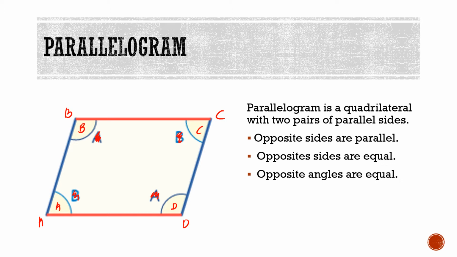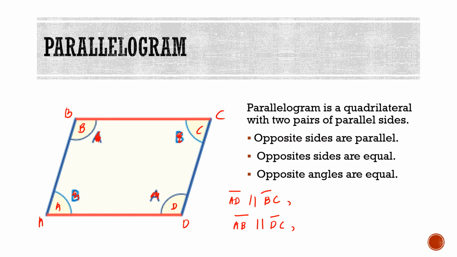Now, when you say parallelogram, it has 2 pairs of parallel sides. So let's say side AD, this side, is parallel to side BC, and side AB is parallel to side DC. According to the definition, the opposite sides are parallel and the opposite sides are equal.